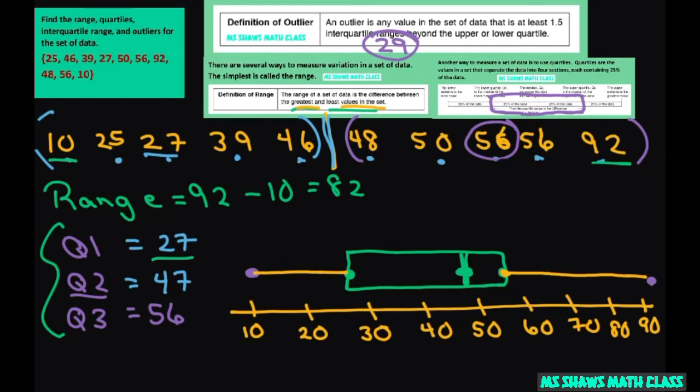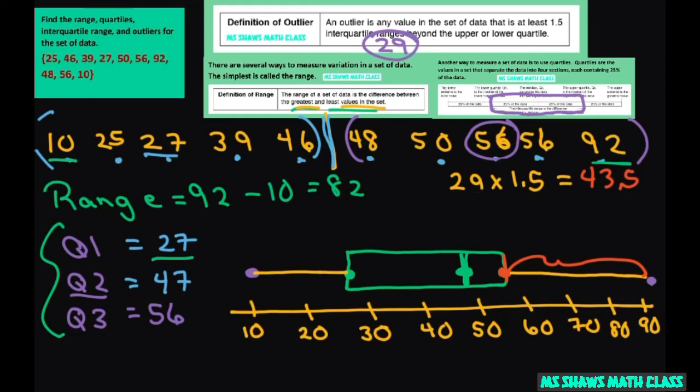We need to take 29 times 1.5. That's the magic number we need. 29 times 1.5 is 43.5.